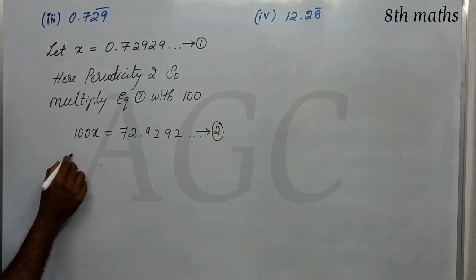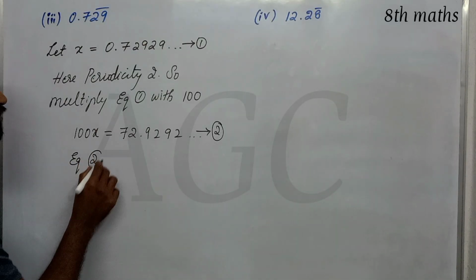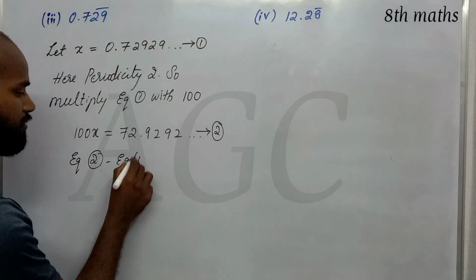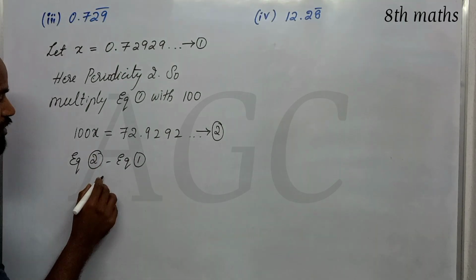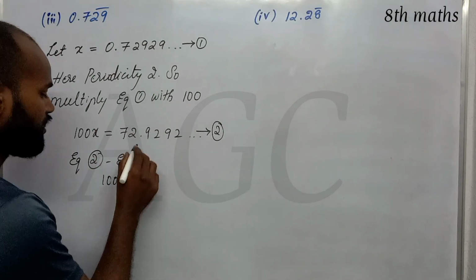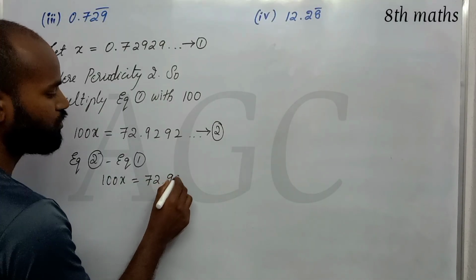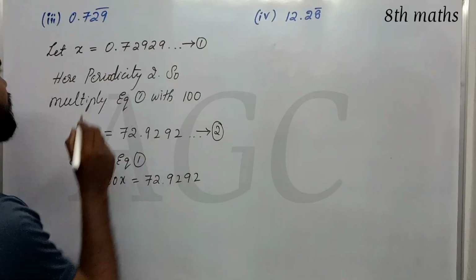So now subtract equation 2 minus equation 1. So here what is the equation 1 here? 100x is equation 2, sorry, 100x equals to 72.9292. And what is the equation 1?